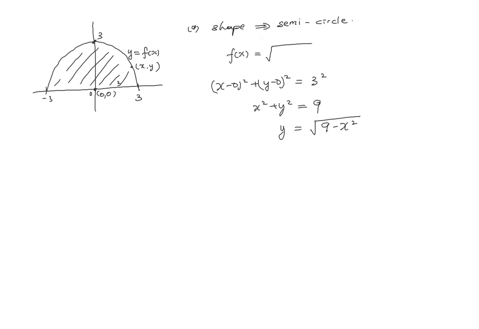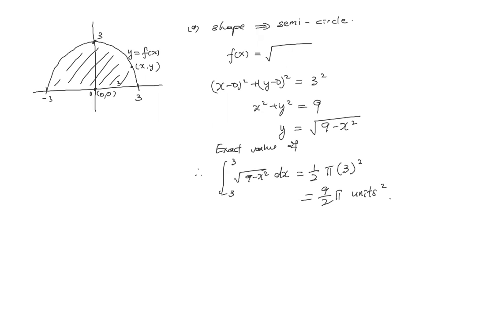Okay, so therefore they ask you, what is the exact value of the integral from -3 to 3 of square root of 9 minus x squared dx. So it's the area of a semicircle. Area of a semicircle is half pi r squared. So it's 9 over 2 pi.